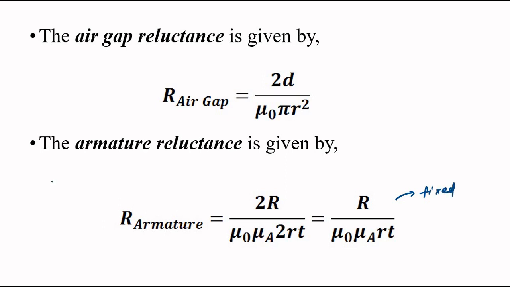But the air gap reluctance involves d, where d is the air gap distance, which is the separation between the core and the armature.